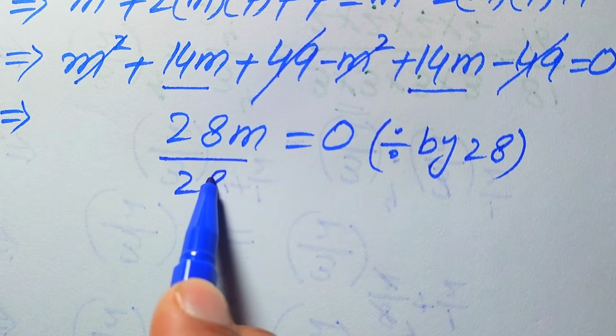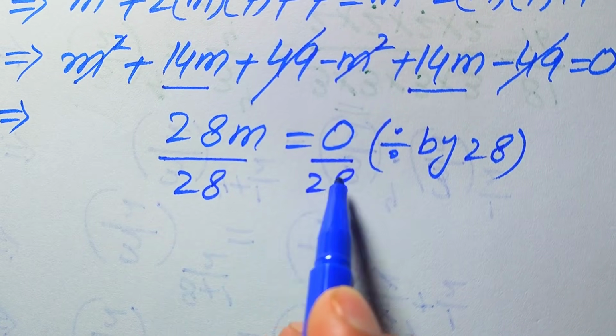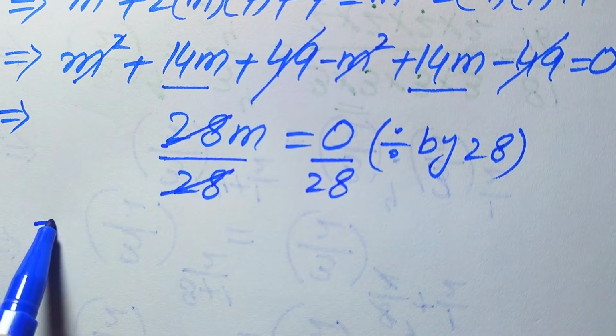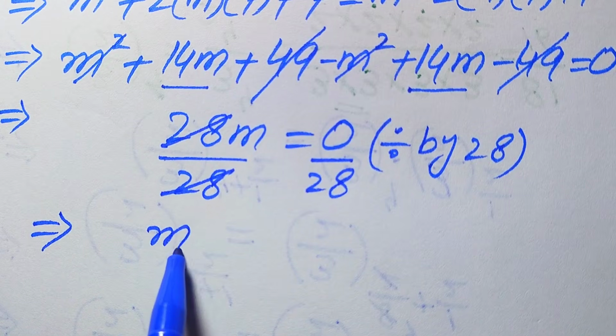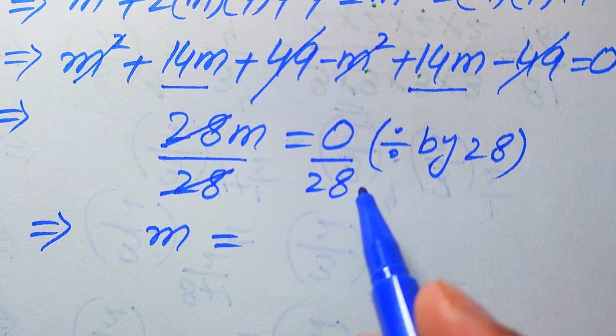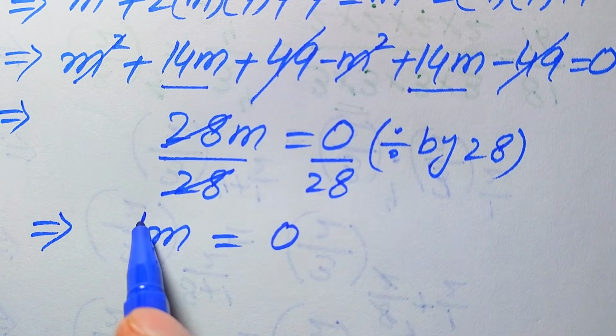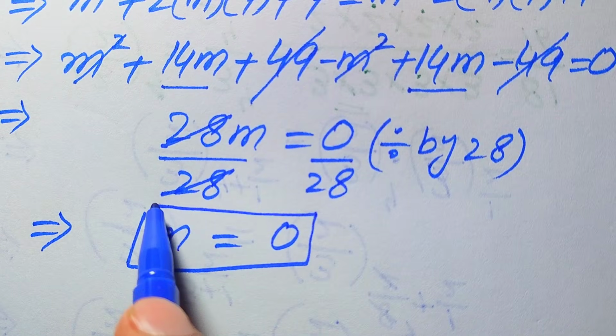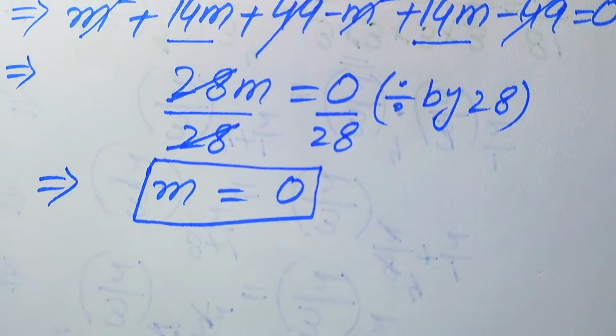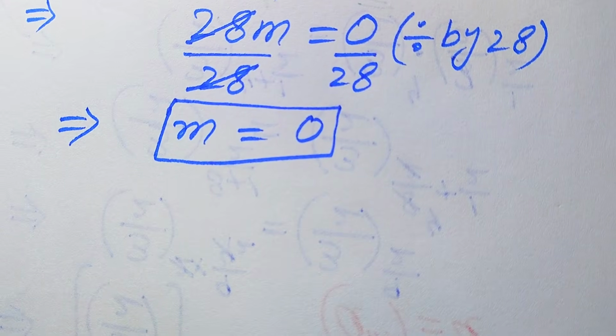So the 28 is gone, and we obtain m is equal to 0 divided by 28, which becomes 0. So we easily get the value m equals 0, and m equals 0 is the only root which we get here.